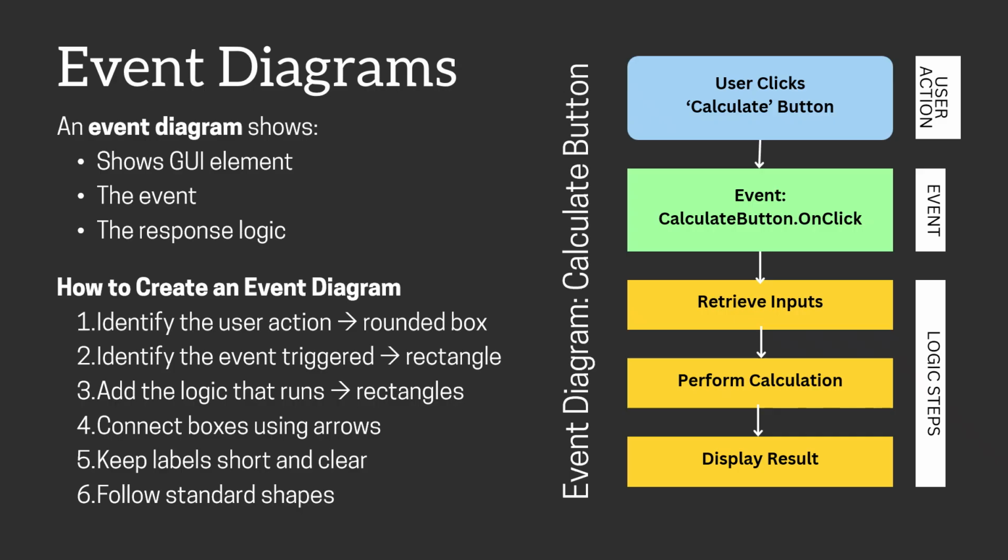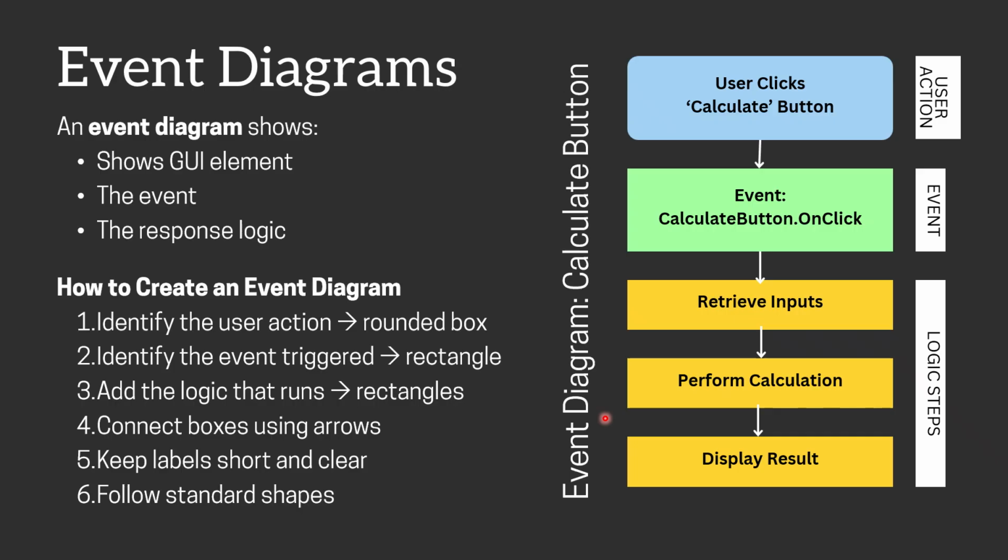The event diagram is going to show the GUI element, which is the calculate button. Then it's going to show the event, which is your onclick event. And then it's going to show the logic that is going to happen: retrieve the input, perform the calculation, and then display the result. Event diagrams help you think through which actions your users can take and what the program should do in each situation.